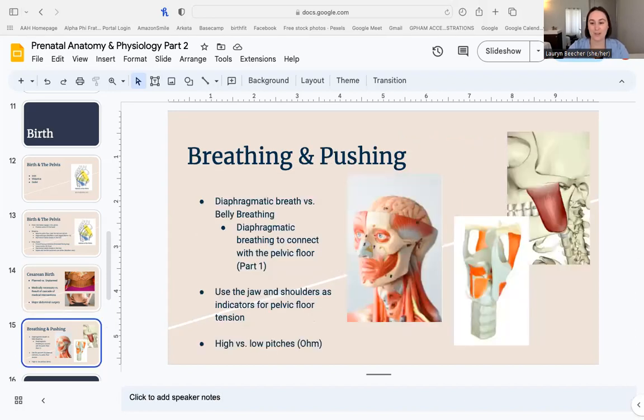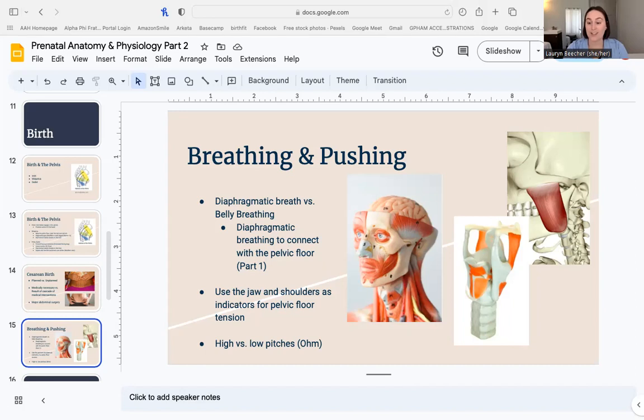Okay. So circling back a little bit to labor or a vaginal birth, thinking about our breathing and finding that distinction between diaphragmatic breathing and belly breathing.